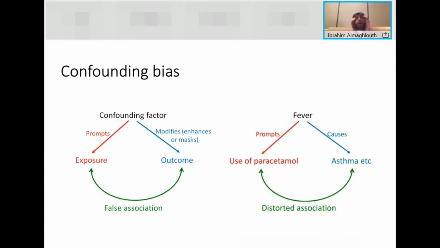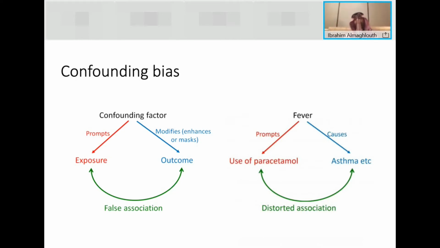In another way, when I want to study the effect of a treatment on a population, for example, if we use here paracetamol, and we want to see the impact of paracetamol on asthma, if we look at a simple association, we might find an association between paracetamol use and asthma, either positive or negative, depending on the data that you have.